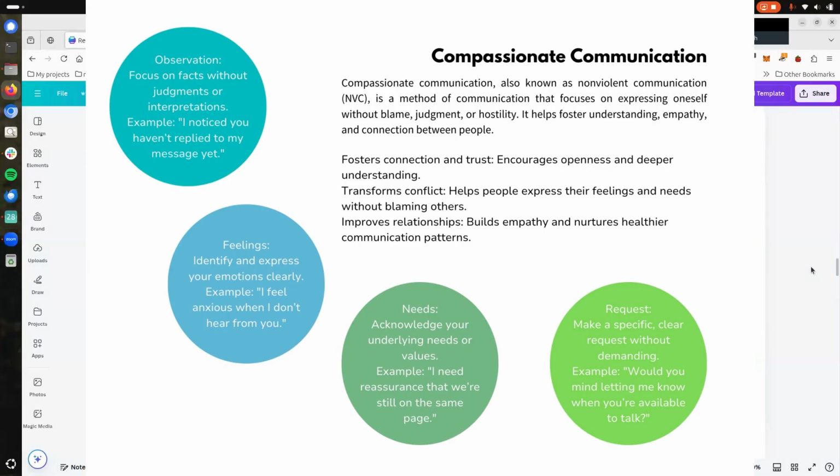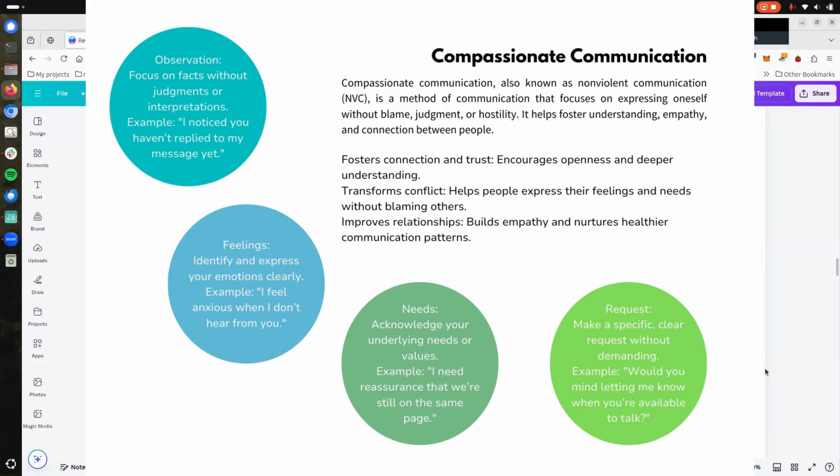This is also, I think, a big one. So compassionate communication, also known as nonviolent communication. Really important, especially if you're coming from a non-permaculture working space. It's good to know how to communicate compassionately.